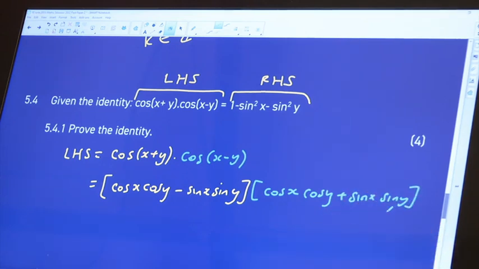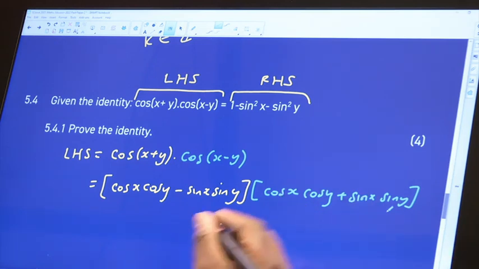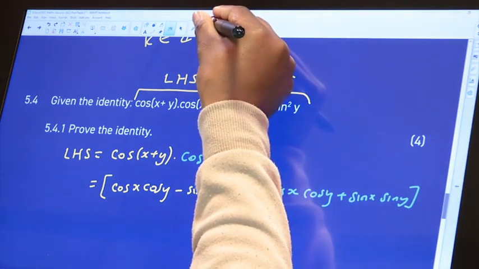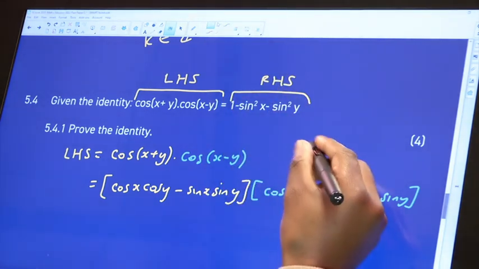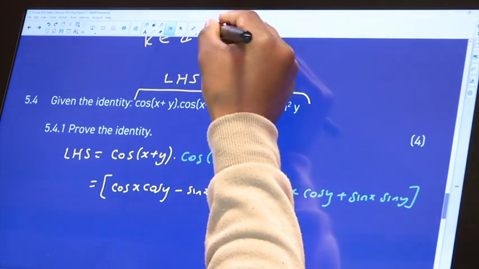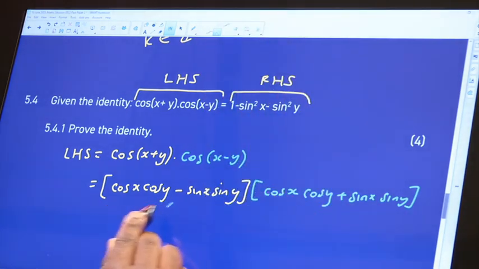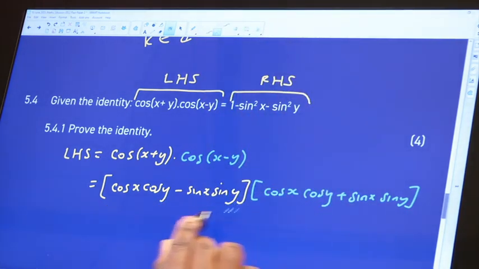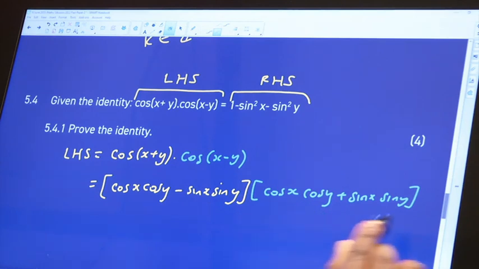Okay, I've got what now? I've got a binomial times a binomial. It's like a minus b times a plus b. This looks like the product that leads to a difference of two squares, and we want to always take advantage of these opportunities when they present themselves. Look at this: cos x cos y, sin x sin y, cos x cos y, sin x sin y.